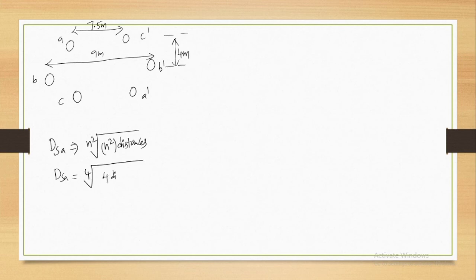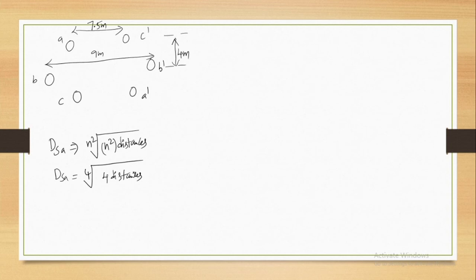Why is it the fourth root? Because each and every phase has two conductors. Though they are placed at both sides of the supporting tower, each phase has two conductors, A dash, B dash, C dash. So GMR of each phase is the fourth root of 4 distances.